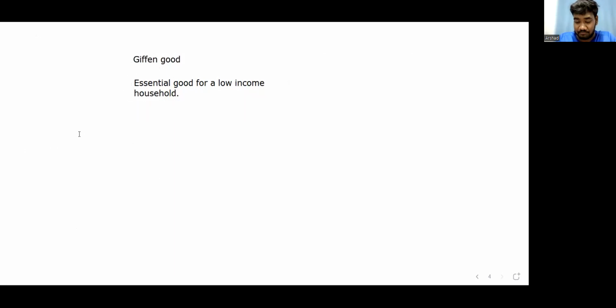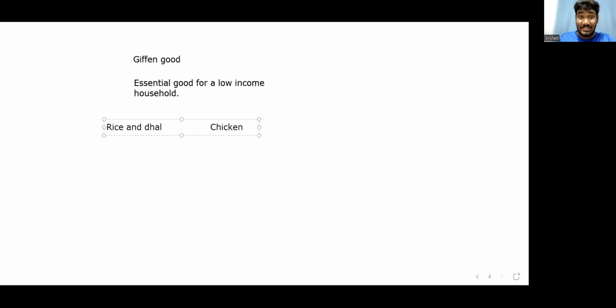Let's say a low income household is spending some money on rice and dal, and chicken. Those are the two goods. So you have a very basic one, rice and dal, and the other one is chicken.